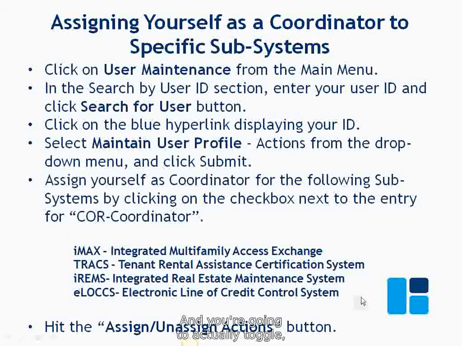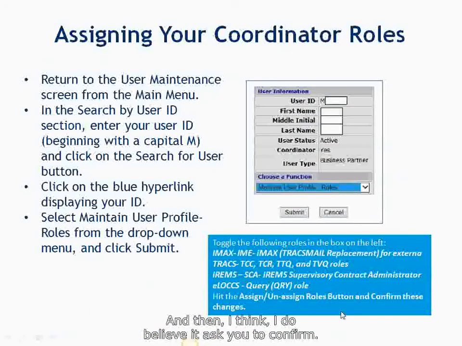And you're going to actually toggle and make sure that you have systems access to all 4 of these systems that I have on the bottom of the screen here. So IMAX, Trax, IREMs, and ELOCs. Once you've got the coordinator role toggled for each of those, you're going to hit the Assign, Unassign button. And then I do believe it asks you to confirm.